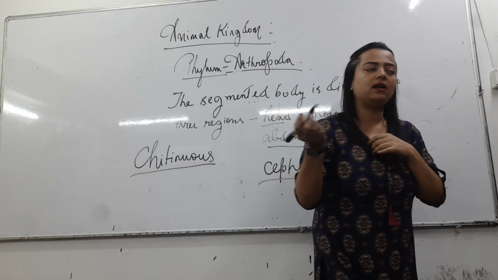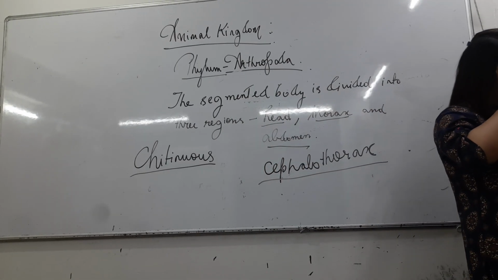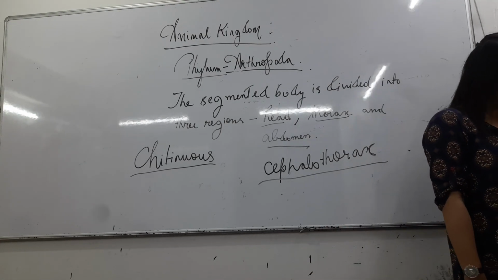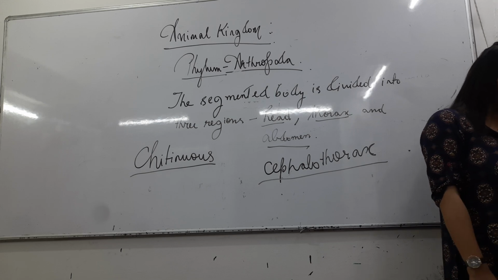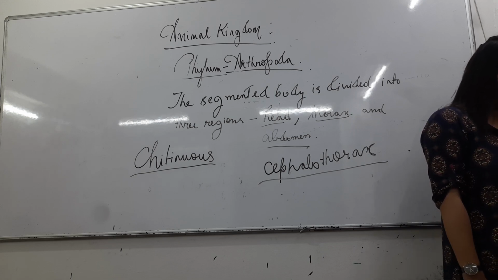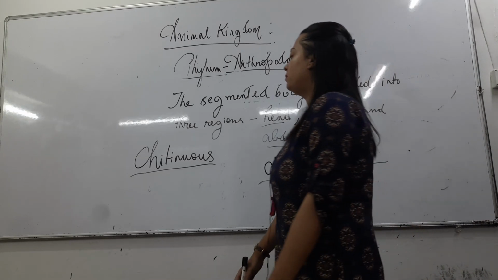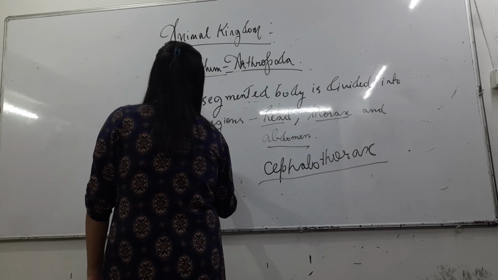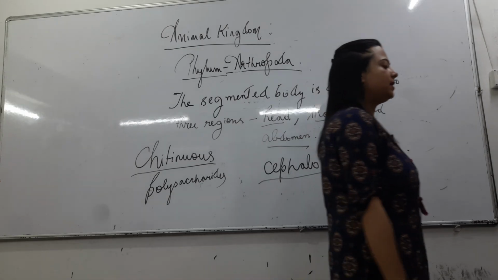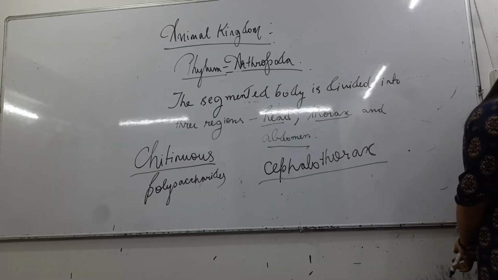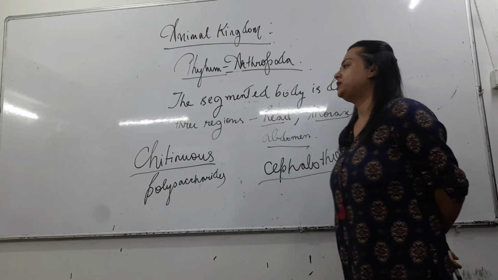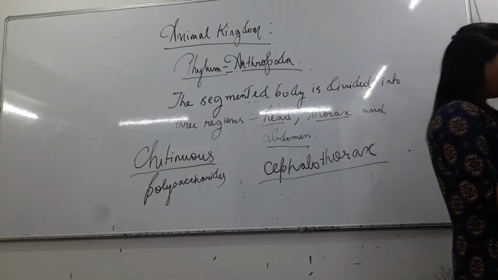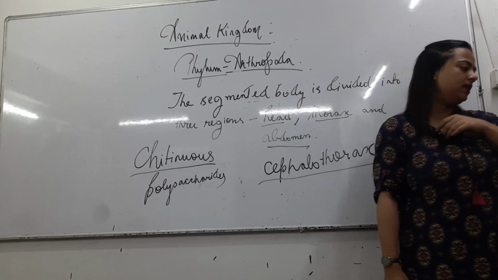The exoskeleton is lightweight, tough and composed of proteins and polysaccharides, known as chitin.